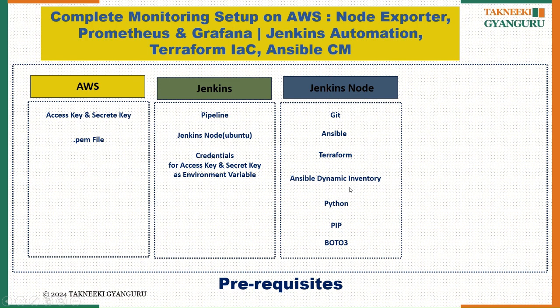We'll discuss more details in a later section. This will minimize our manual intervention to copy the IP address from AWS or the output file from Terraform to Ansible. So here we don't need to manage any inventory file.